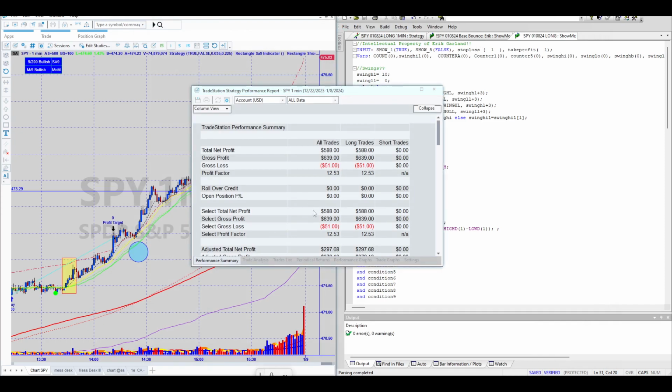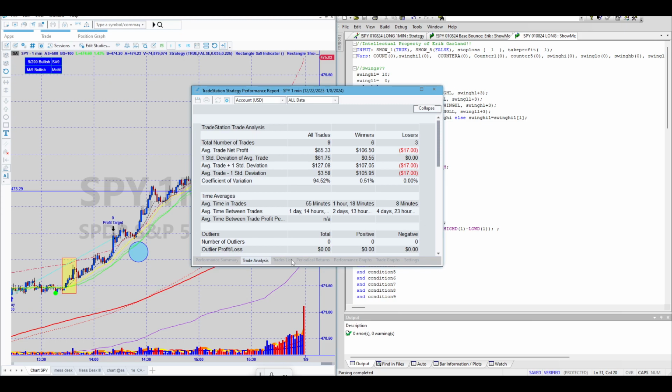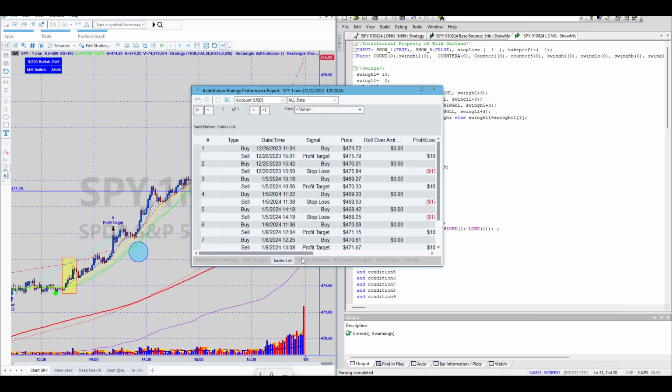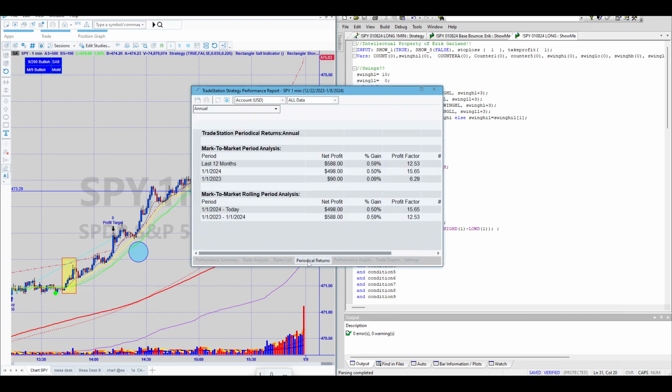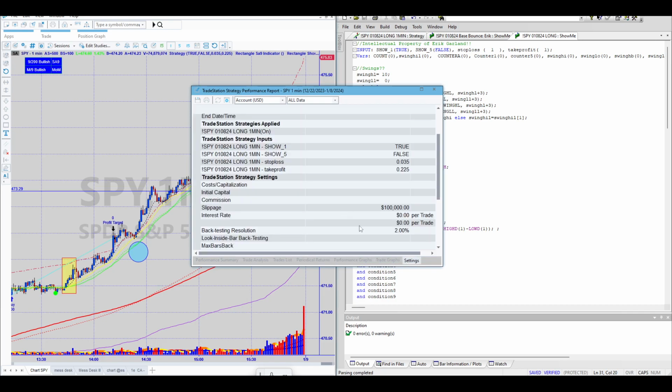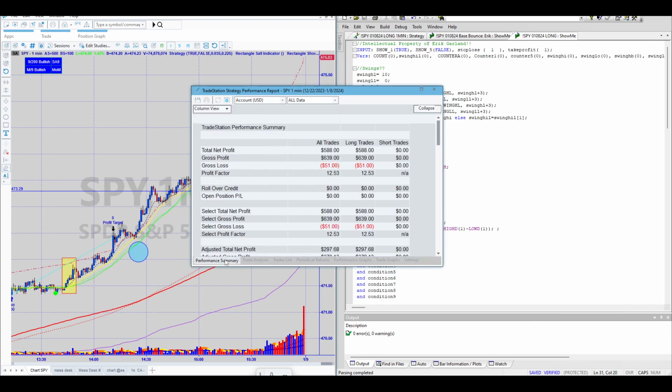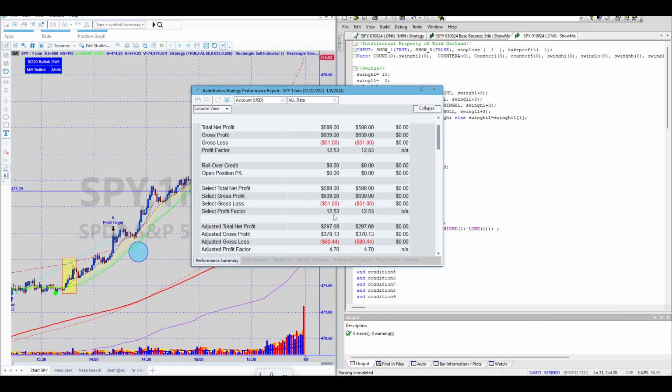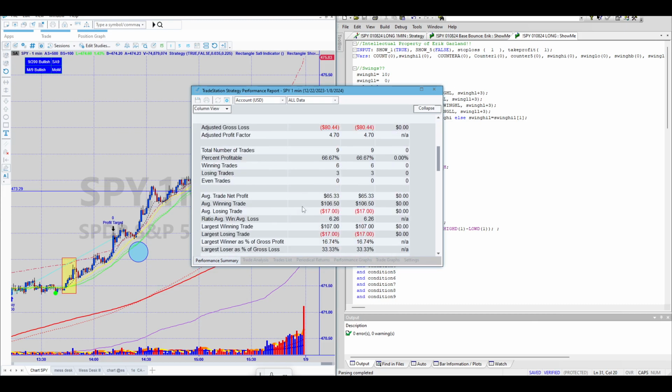All right, and then trade analysis, and then trade lists, returns, performance graph. And the settings that actually ended up applying was similar to what I had before, 0.035 to 0.225, which is still roughly around that 1 to 6, 1 to 7 risk to reward. And that's partially reflected in that profit factor of 12.53.